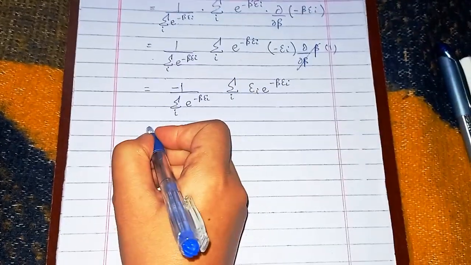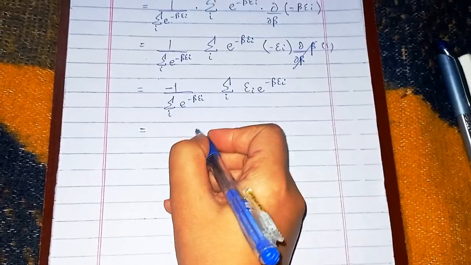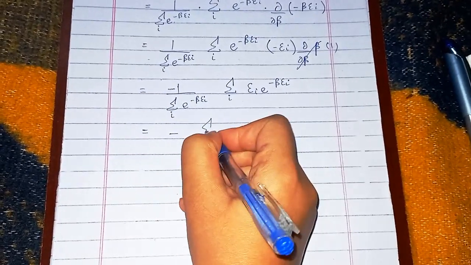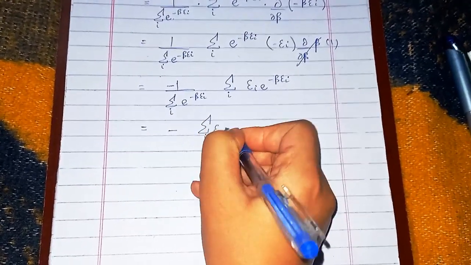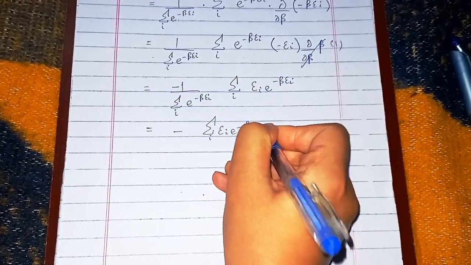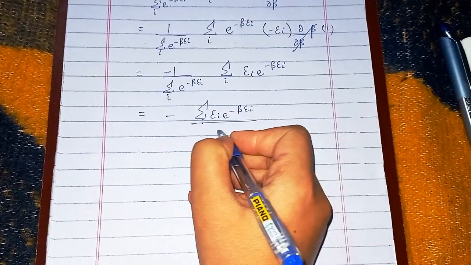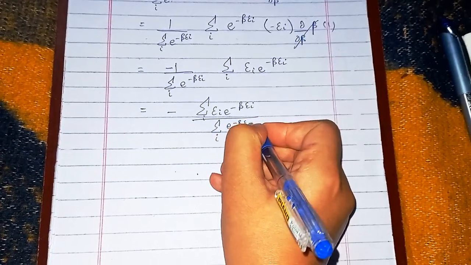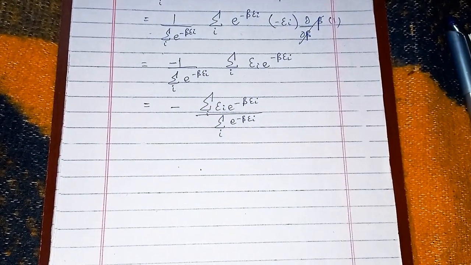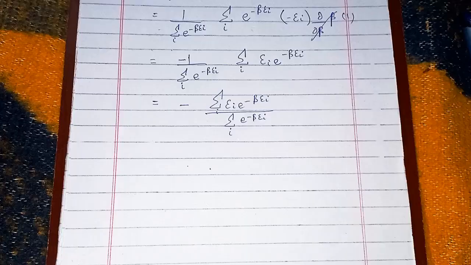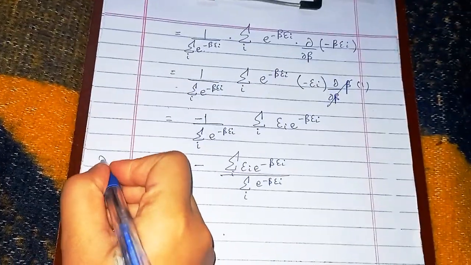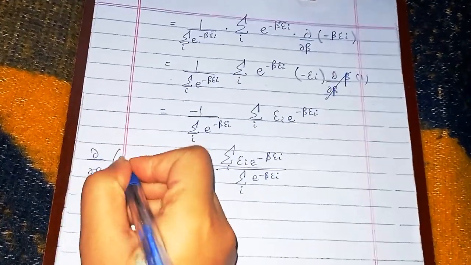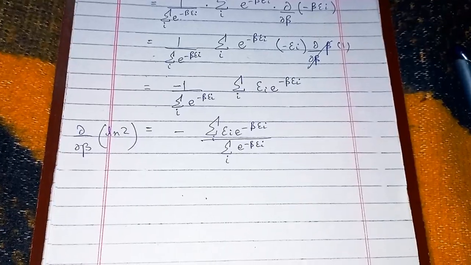We can write it like that: negative summation Ei e to the power minus beta Ei divided by summation e to the power minus beta Ei. And this is partial by partial beta of natural log of Z so far.